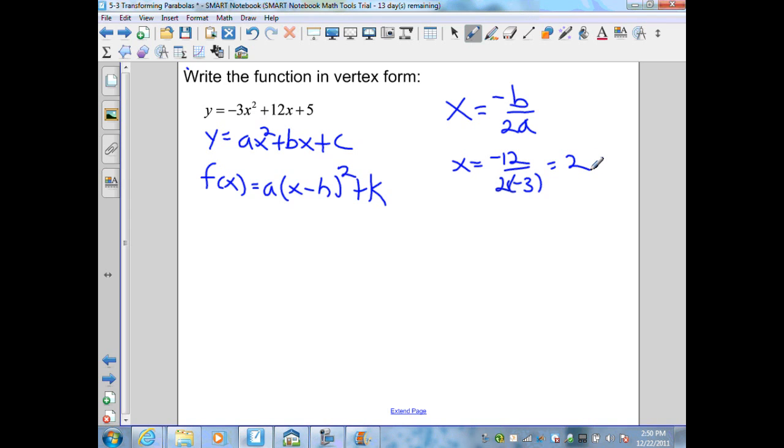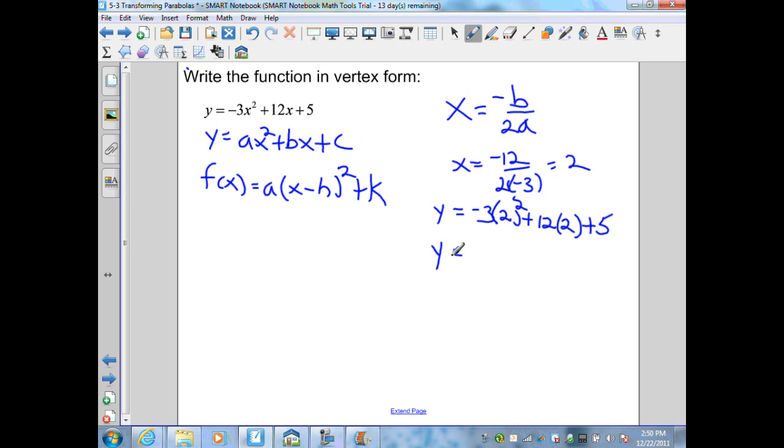Now, I can solve for y by plugging in 2 into my standard form. So y equals a negative 3 times 2 squared plus 12 times 2 plus 5.